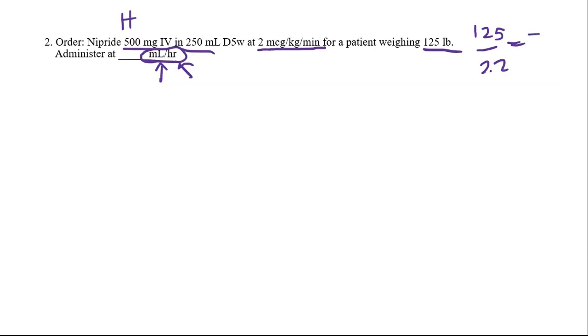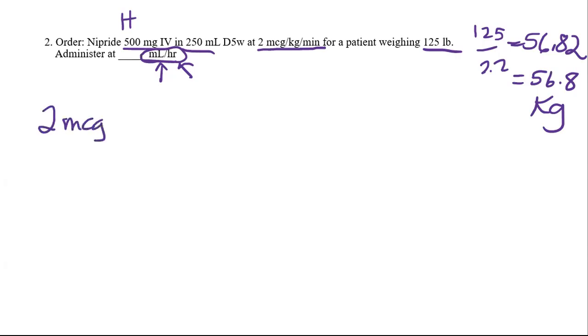So we're going to go 56.82. We can do that, or we can just say 56.8. So that's how much they weigh in kilograms. And now we start with this rate, we're giving 2 micrograms per kilogram.